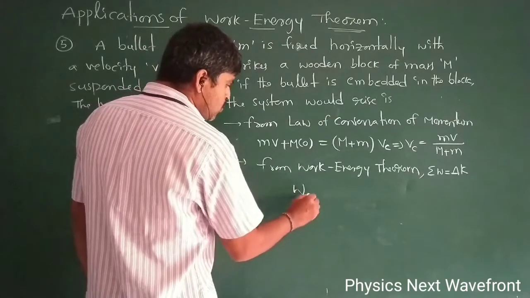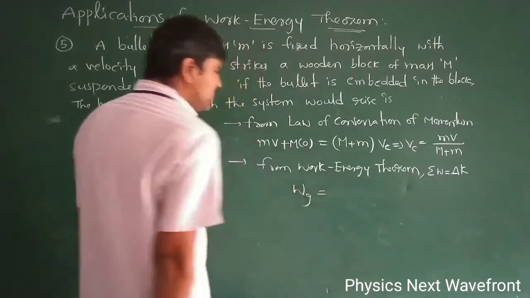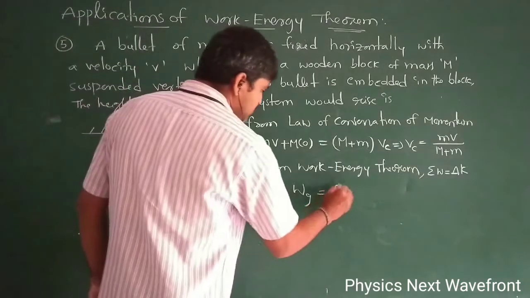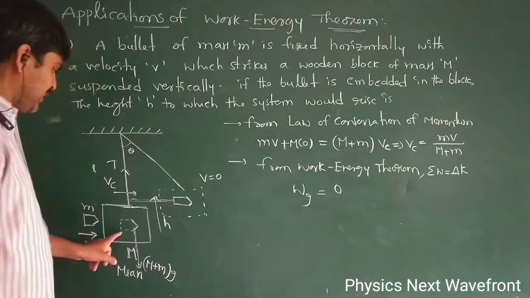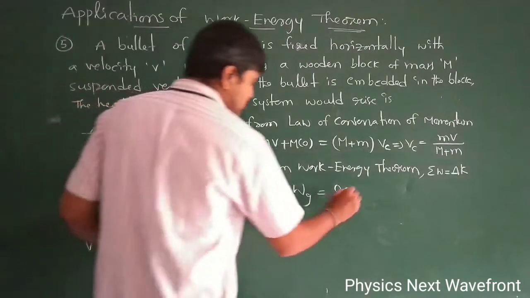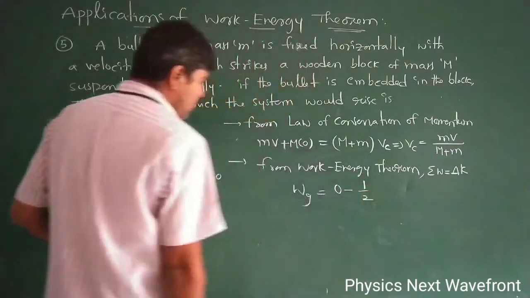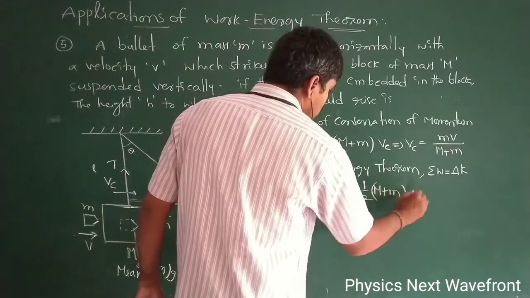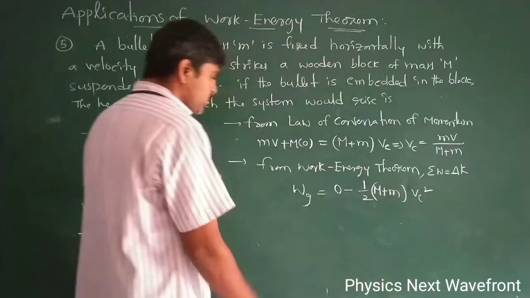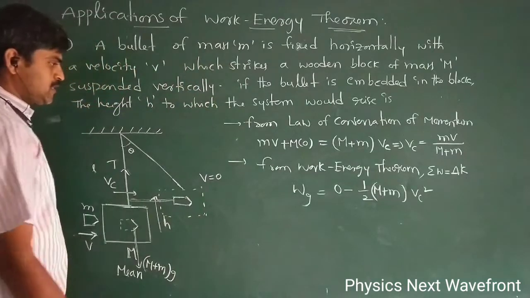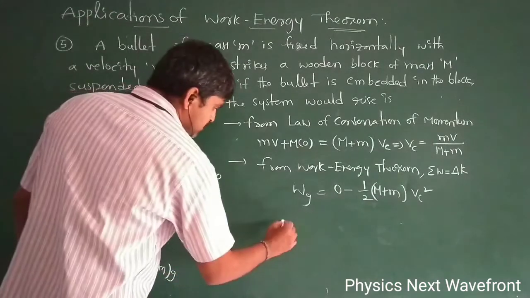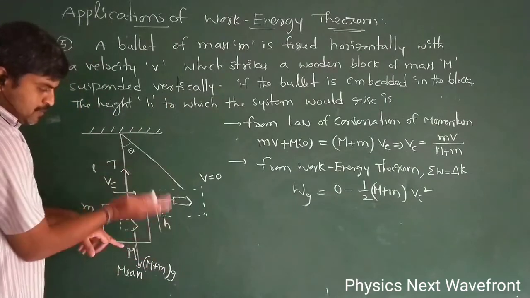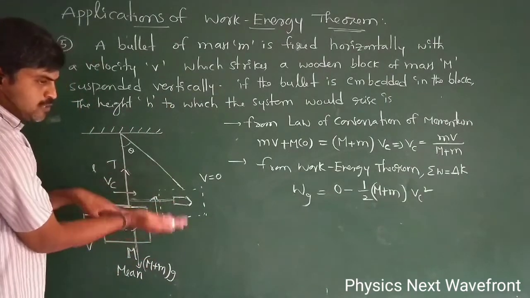That means the work done only due to gravity equals the change in kinetic energy. The final kinetic energy is 0 and the initial kinetic energy is half of the total mass of the system, M plus m, into the common velocity squared. The work done by gravity is negative, because the gravitational force is downward while the height is upward, opposite to the direction of motion.